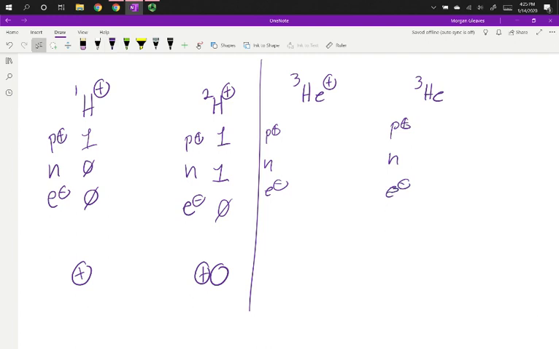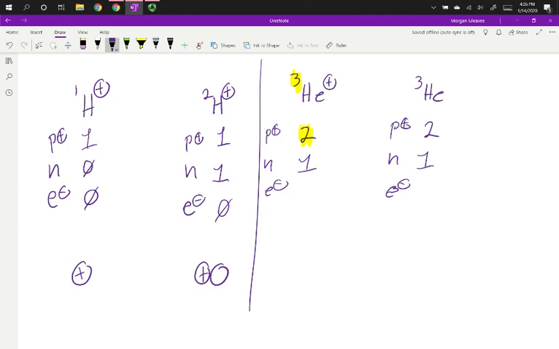To be helium is to have 2 protons. So each of them must have 2 protons. They are helium. Well, there's 3 things in the nucleus, and only 2 of them were taken up by protons. So there's 1 left over to be a neutron, and that's true in both cases here.